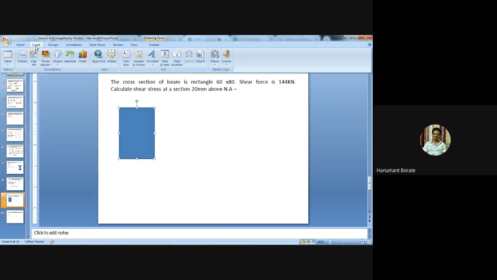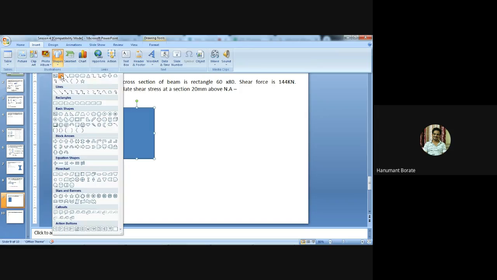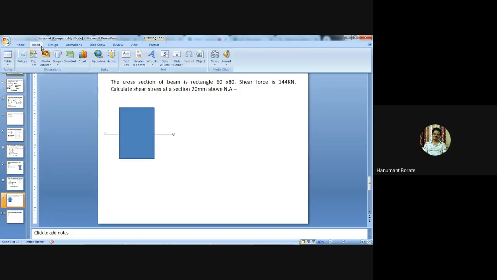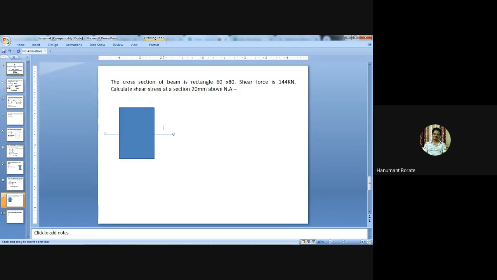So first we'll find out the neutral axis. This is a rectangle cross section, so it's symmetrical about the x-axis and y-axis. This neutral axis will coincide with the centroid. Let this be the neutral axis.